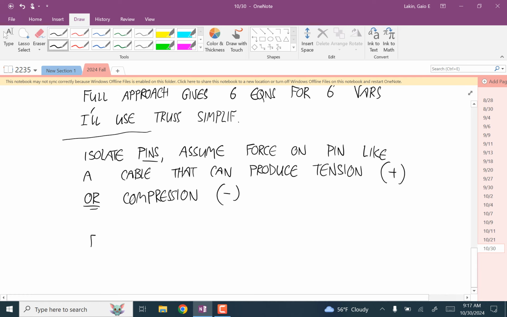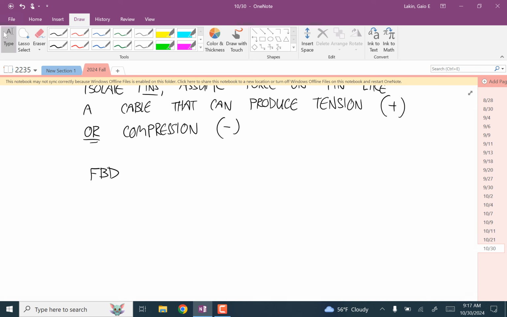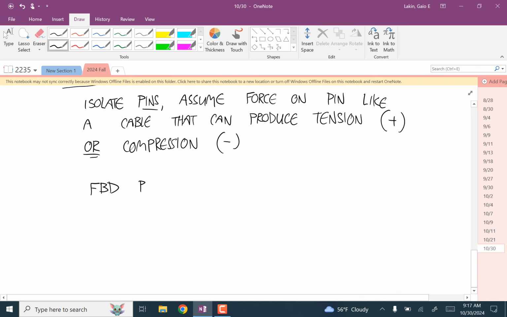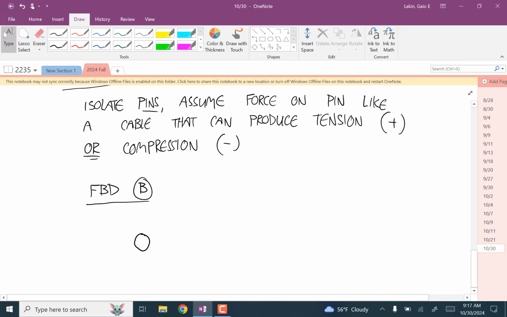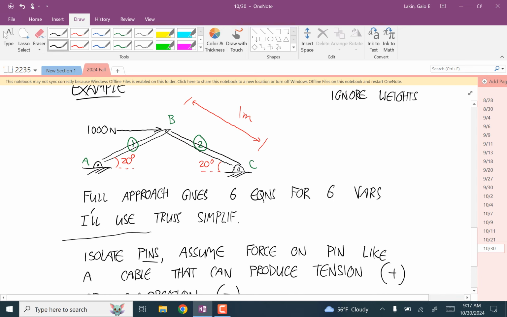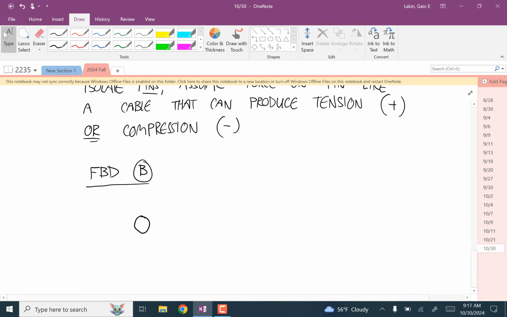And I'm going to start with a free body diagram of B. It turns out in this one, this is all we're going to need. So here's the pin. And what loads are acting on this pin? Well, we're treating member 1 like it's a cable. So there's going to be a force, I'll call it F1, pulling on the pin that way.